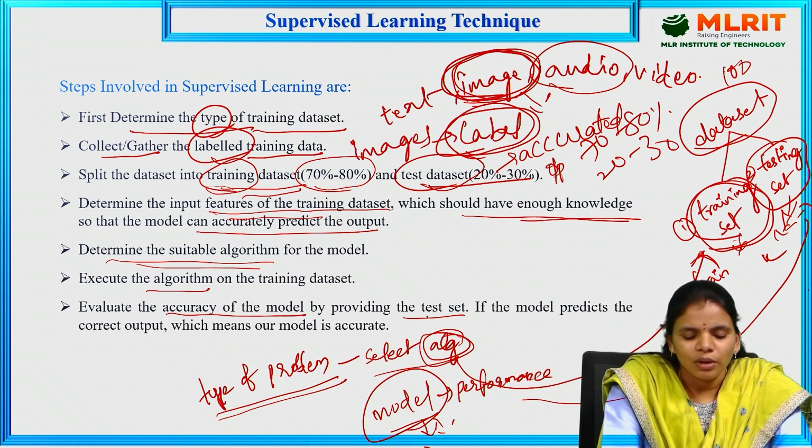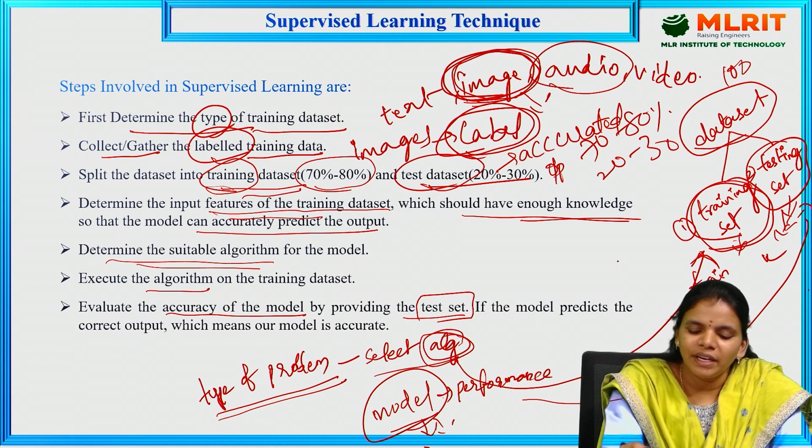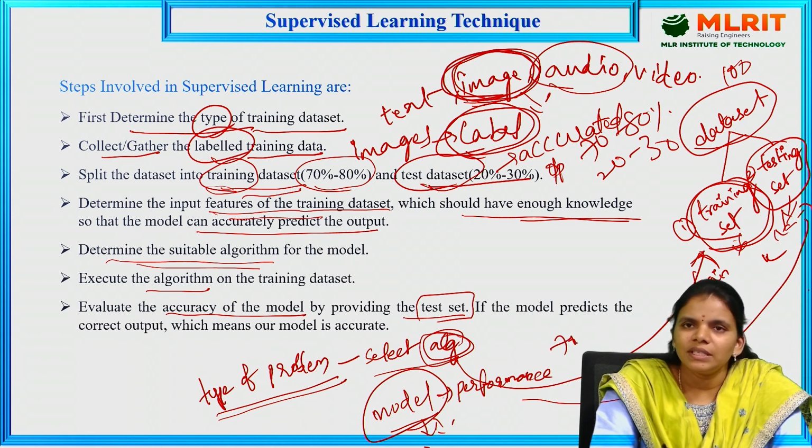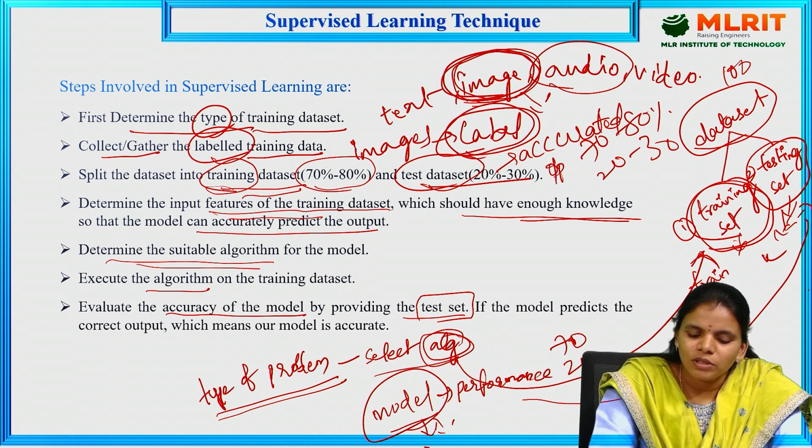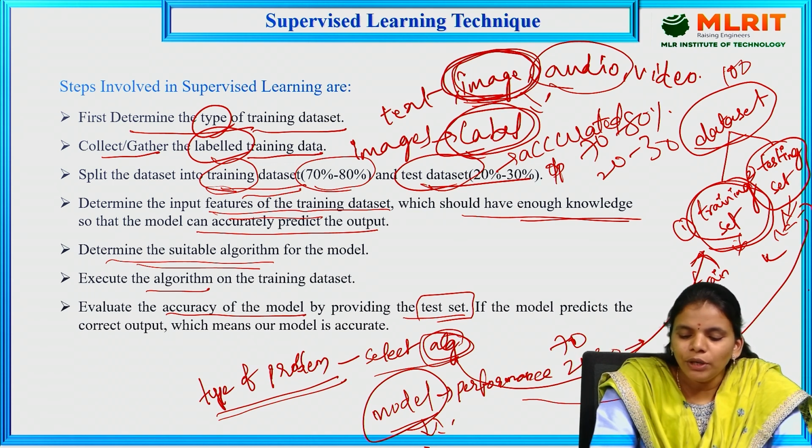Okay, so now you are giving a test set. For example, you are using 70 data points to train your system. Yes, the training is completed. Now you need to check whether the model is working properly or not. The remaining 20 or 30 data points are there, so you need to use these data points.